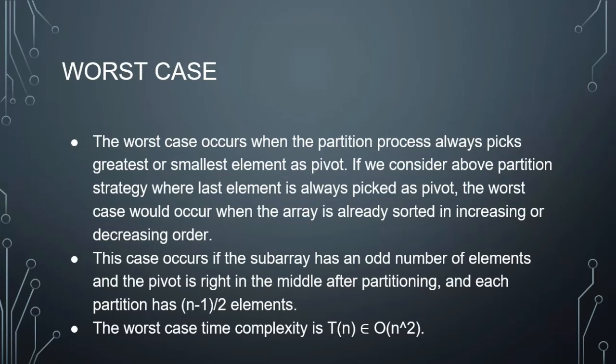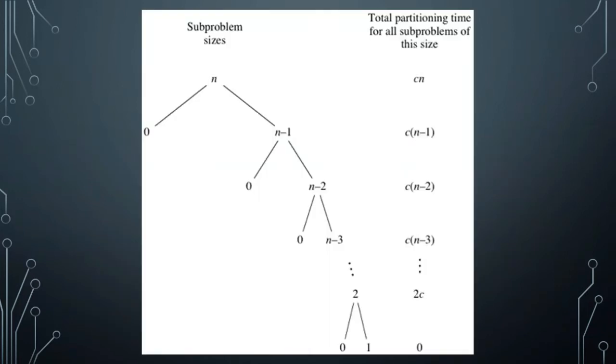So now we are seeing the worst case scenario. As the pivot divides the array into other arrays, it will have the same value, and this will increase the time complexity.